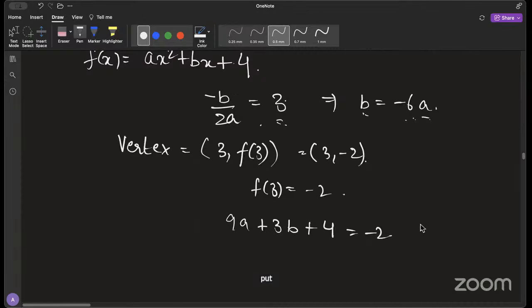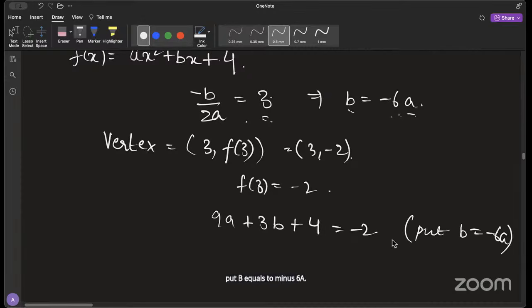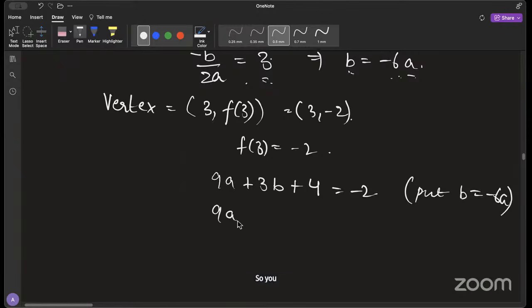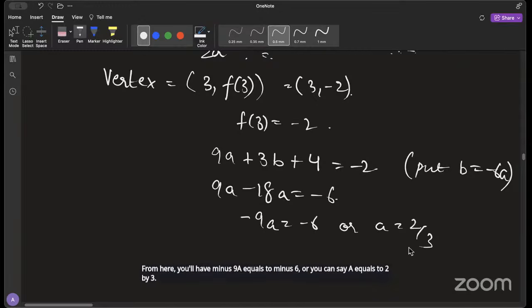Put b equals to minus 6a. So you will have 9a plus 3 times minus 6a, that will be minus 18a, plus 4 equals minus 2. You can take 4 on that side. So you'll have minus 6, right? From here you'll have minus 9a equals to minus 6, or you can say a equals to 2 by 3. That's the same thing.